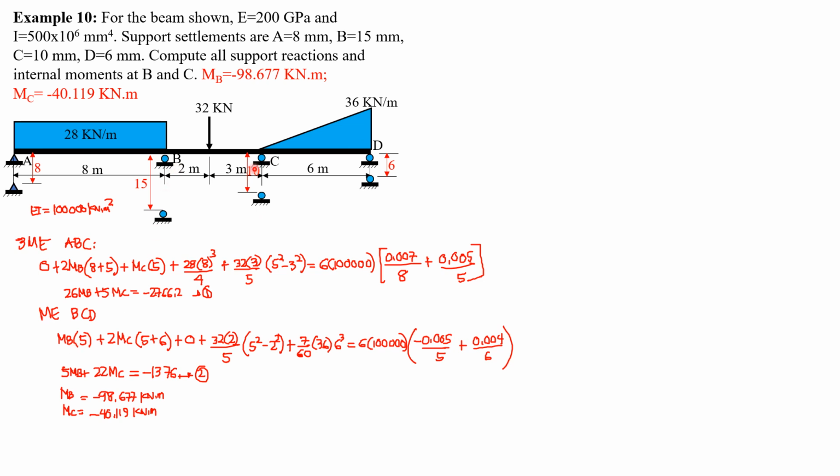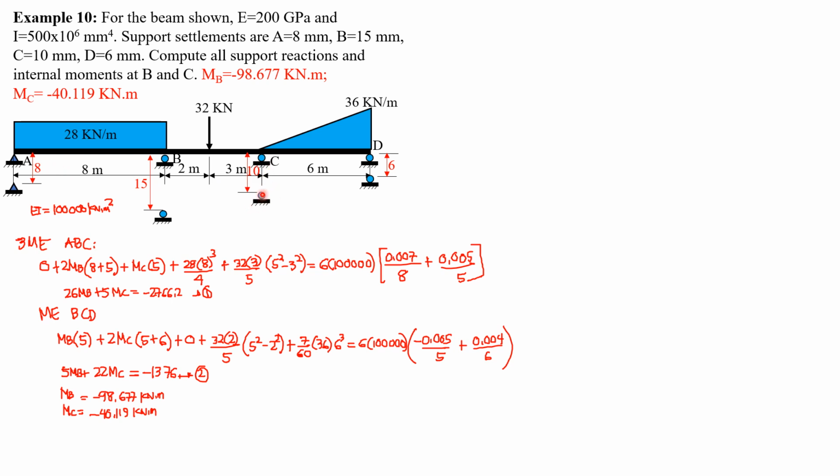So we have MB times 5, length of BC, plus 2 times MC, quantity 5 plus 6, plus moment at D 0, plus 6 area 1A over E1 I1 L1 for this load here, 32 times 2 over length 5, quantity 5 square minus 2 square, while 6 area 2B over E2 I2 L2, the centroid is closer, so 7 over 60 by formula W36 length 6 cube. Then equals 6 EI, 6 times 100,000 times quantity.